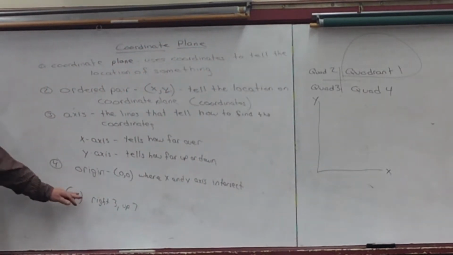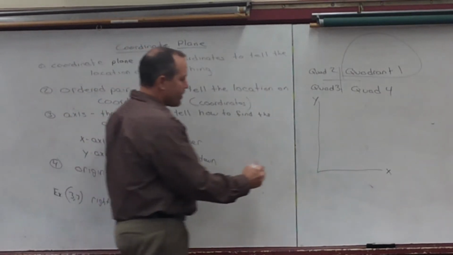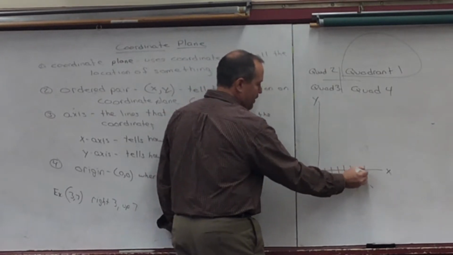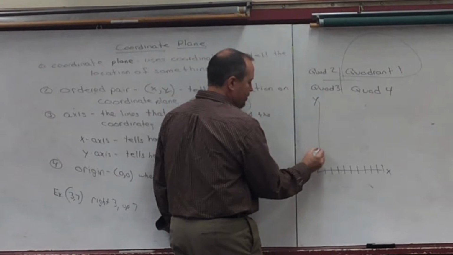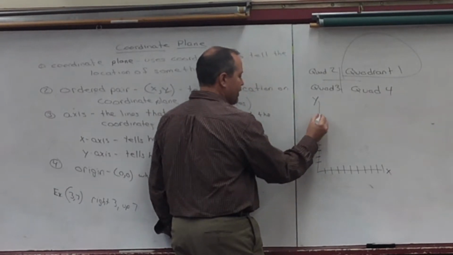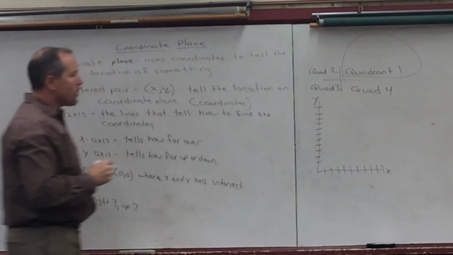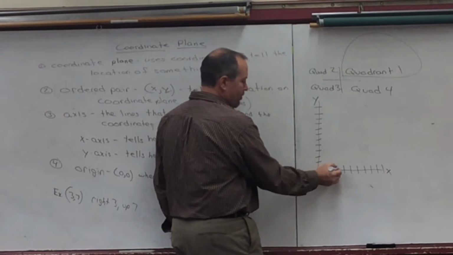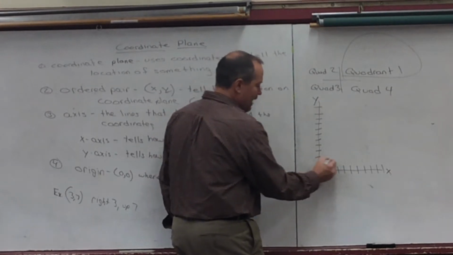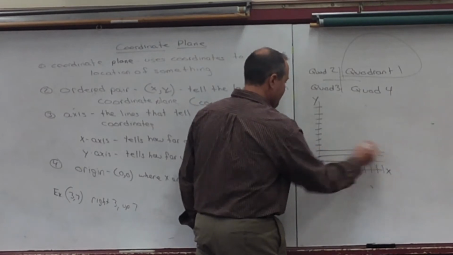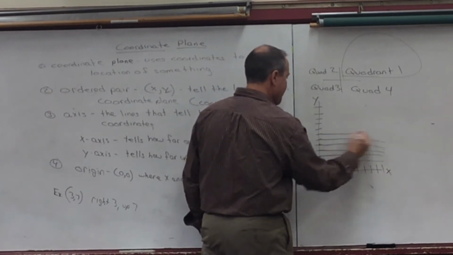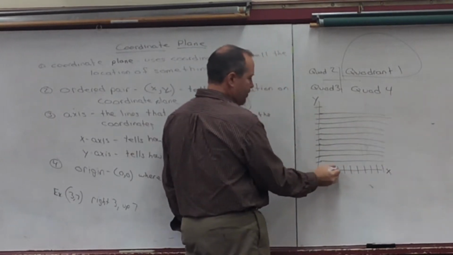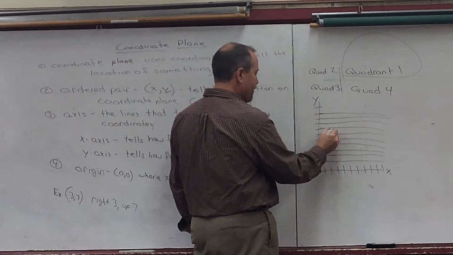So now, if we were to graph 3, 7, we would count over 3, 1, 2, 3, and then we would count up 7 lines: 1, 2, 3, 4, 5, 6, 7.